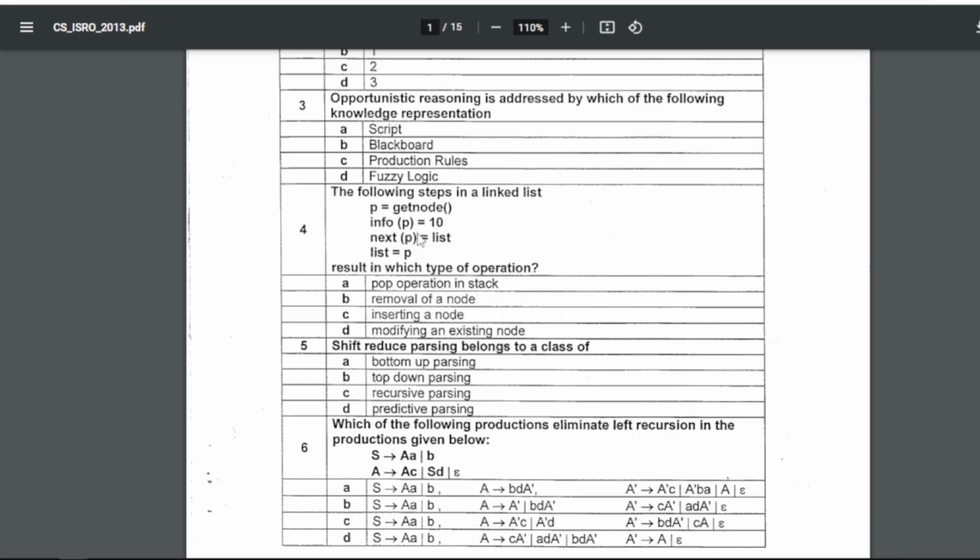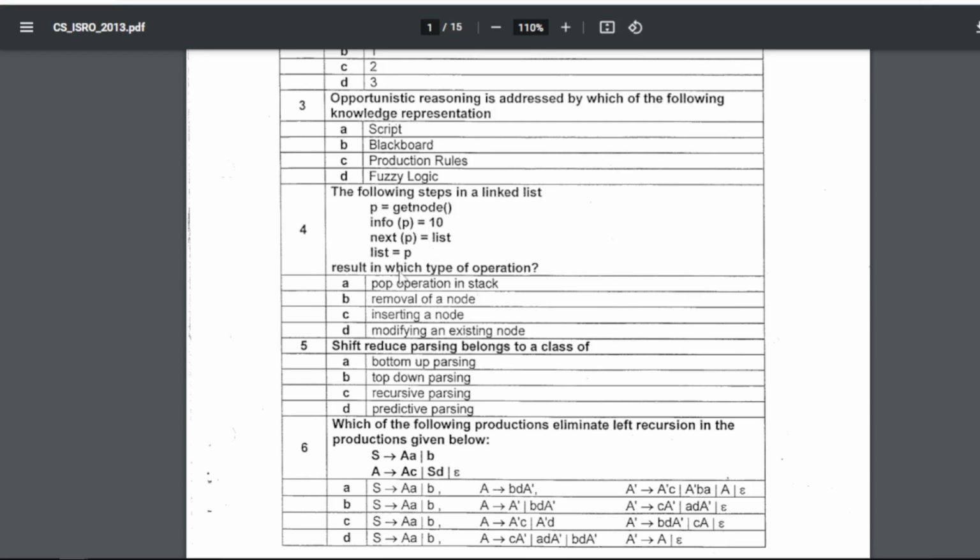The third step, next(P) = list, sets the next field of the new node P to the current head of the linked list, which is pointed to by the list pointer. And finally the fourth step, list = P, updates the list pointer to point to the newly inserted node P, effectively making it the new head of the linked list.